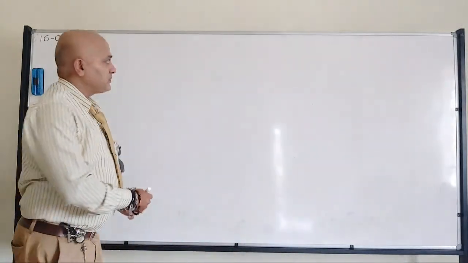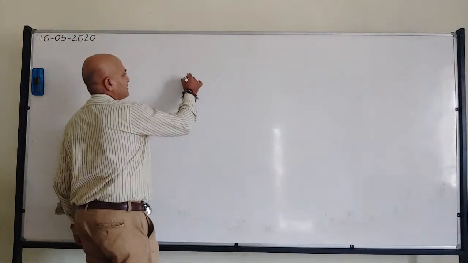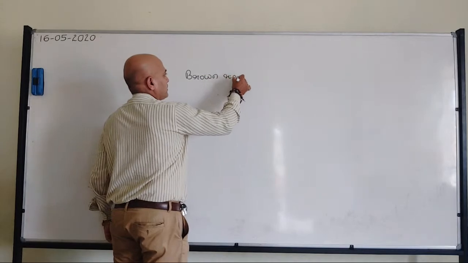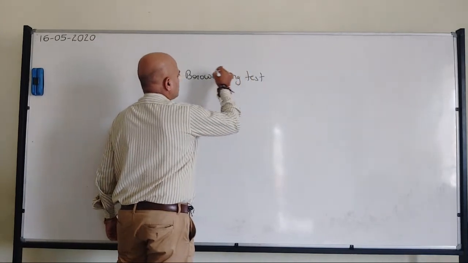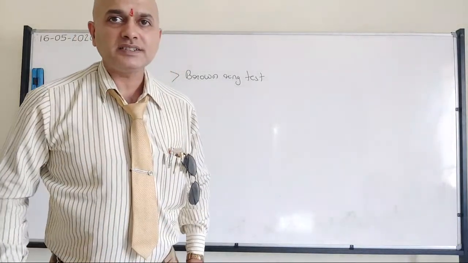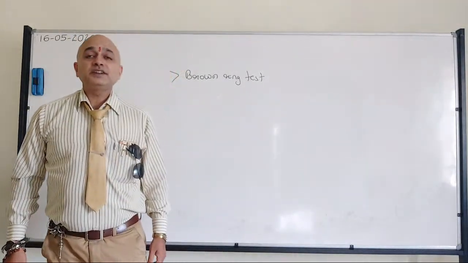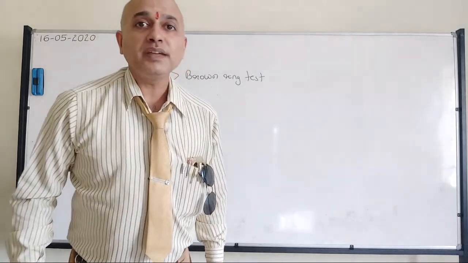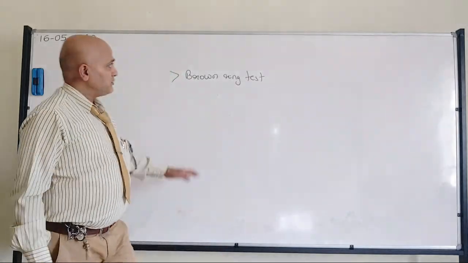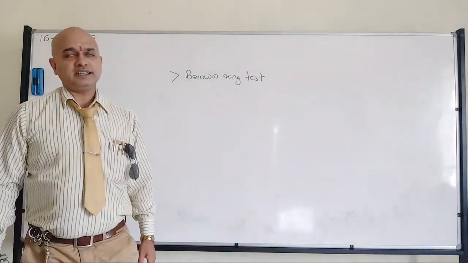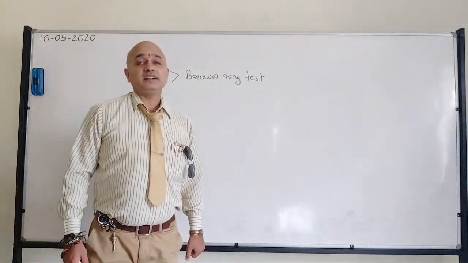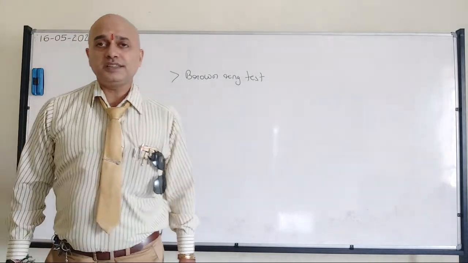Okay, I will tell. So we have discussed about brown ring test, right? So that was the one main concept which we have discussed. So what is brown ring test? It is meant for the determination of nitrate ion in a given solution, right?